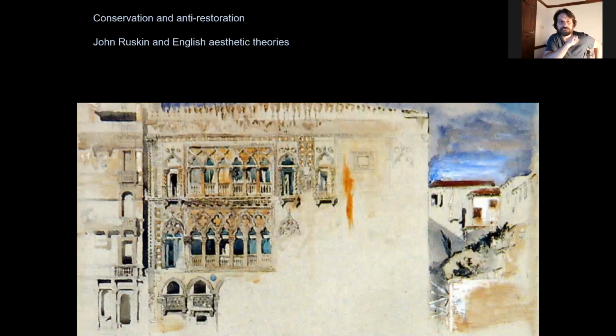John Ruskin values all the traces of time, weathering, the human effects, the human interventions to the building as its primary features. So the building was built at some time, and as time has passed, the building, like a living organism, has been altered by natural factors and man-made factors.